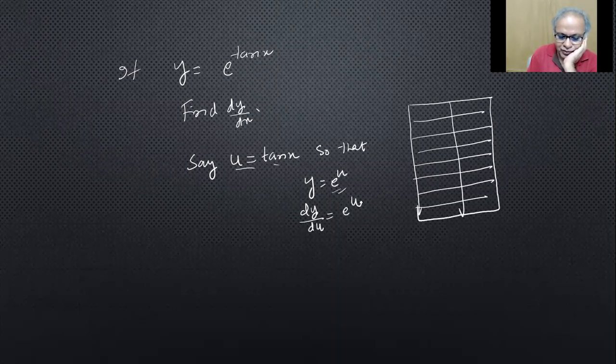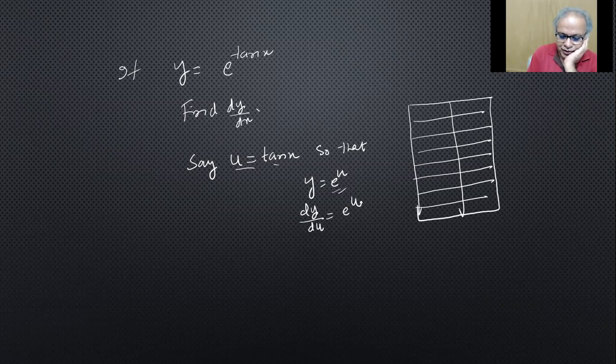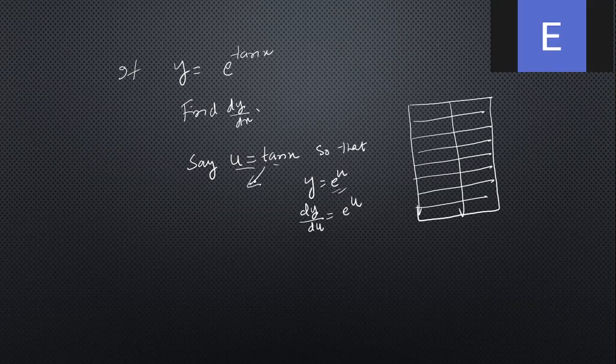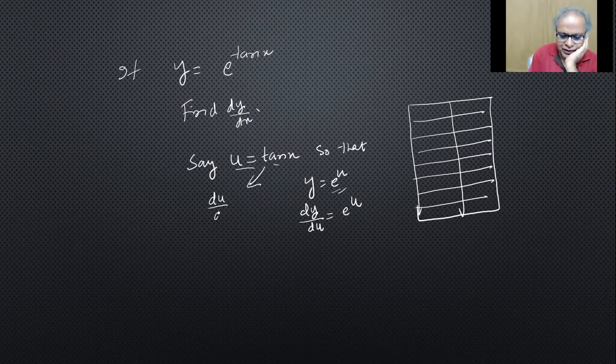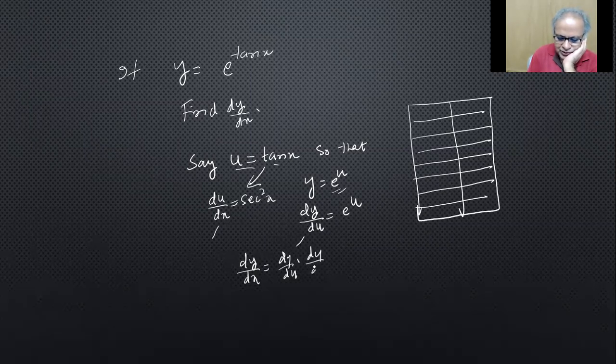Do you follow? From here, I can calculate du by dx. U is a function of x, no? So du by dx, if I calculate, that will be secant square x. Now from these two things, I'll get my dy by dx. Dy by dx equals dy by du into du by dx.